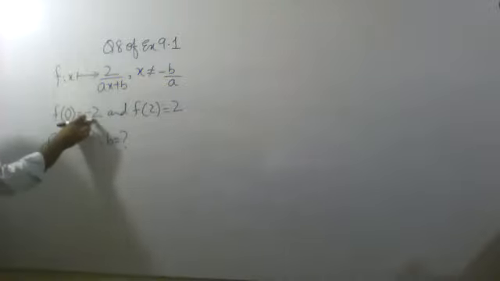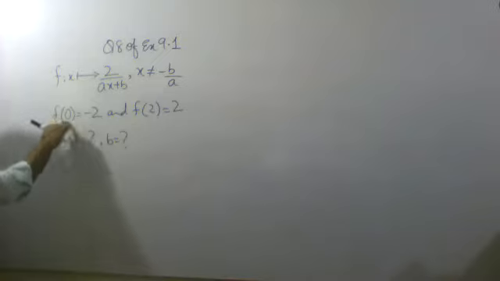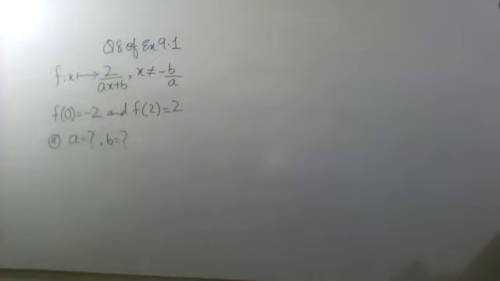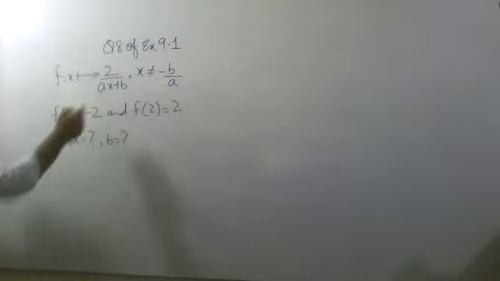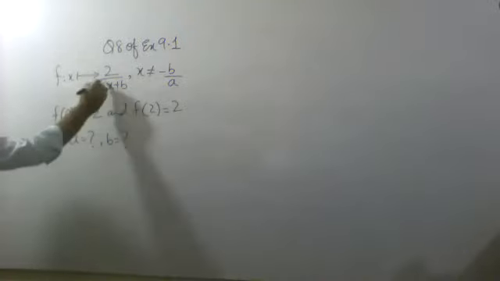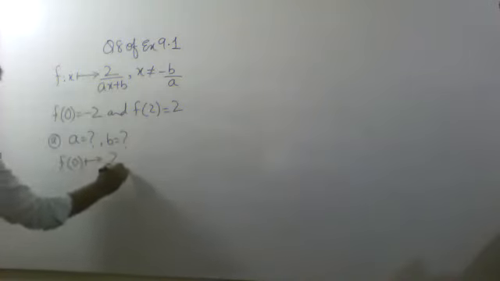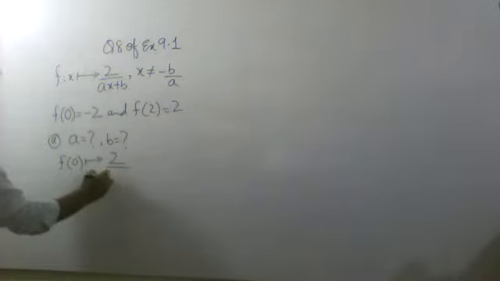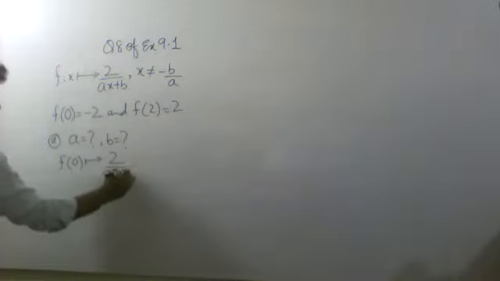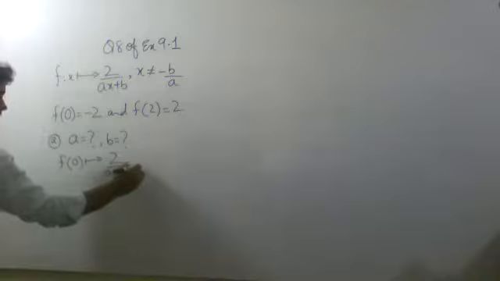First of all, I am going to put this over here. f of 0 means all x will be replaced by 0. So, when I replace it from here, f of 0 equals 2 upon a into 0 plus b.